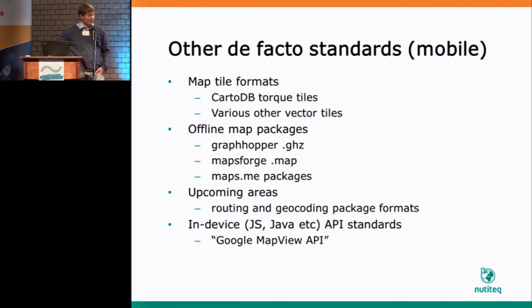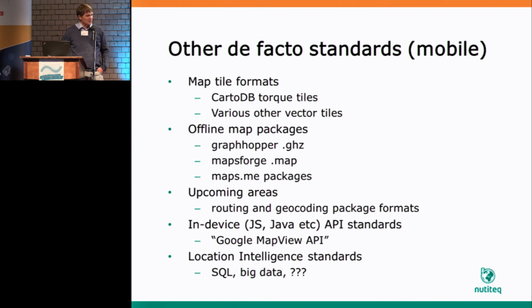Most common is Google Maps API, and to create kind of easy switchover possibility, many, like Mapbox for example, use exactly the same API, so you can switch over from Google Maps to some third-party maps as easily as possible. In Nutiteq we don't use this API actually, because that's the same problem. There is one vendor, but I'm coming to the problems with these vendor-based APIs.